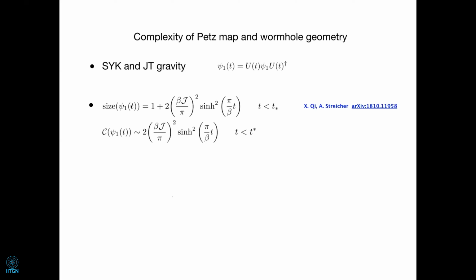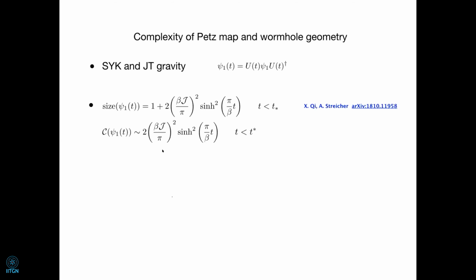Once we know the size of the operator, so what that means is we know how many fermions make up this operator, we can estimate its complexity. And in this case, one expects that the complexity grows in the same way as the size grows. Why? Because we imagine the growth of the tensor network.